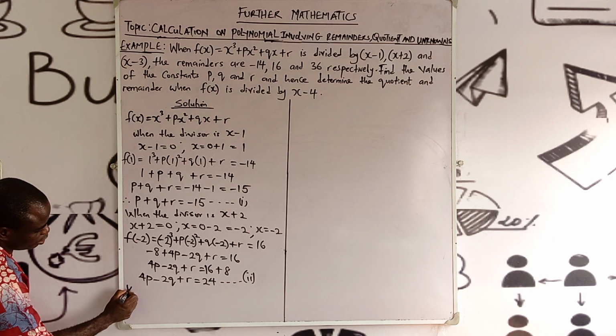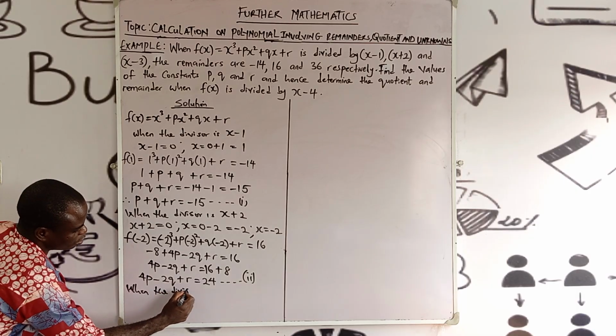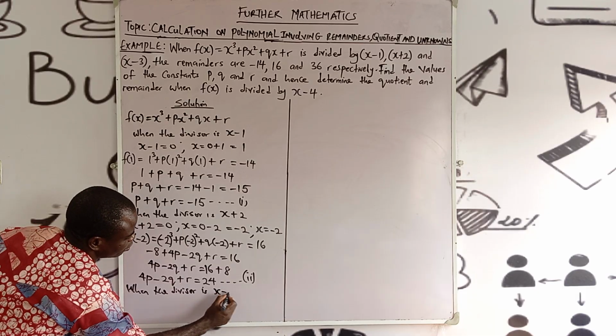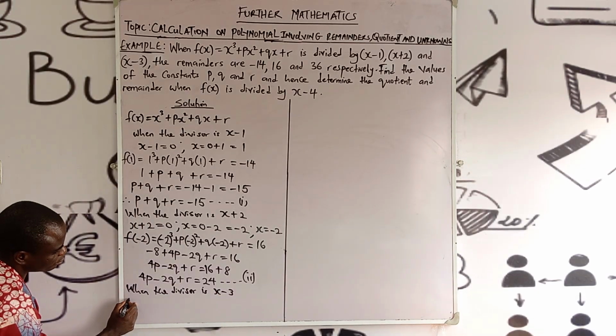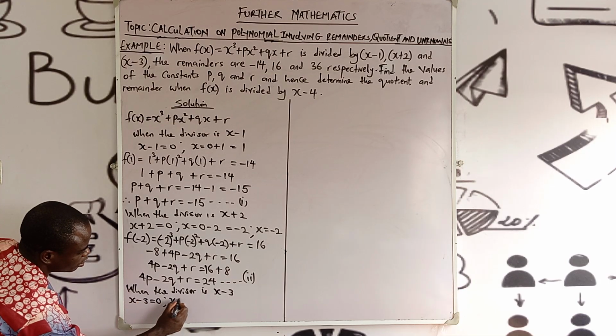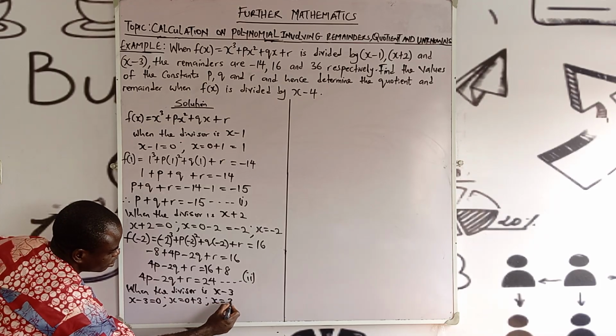Now when the divisor is x minus 3, x minus 3 equals 0, so x equals 0 plus 3, x equals 3.